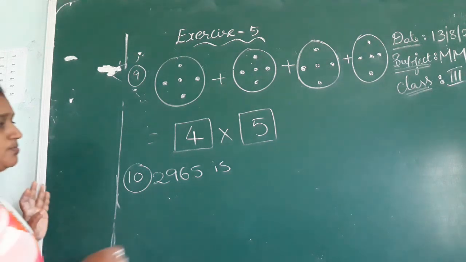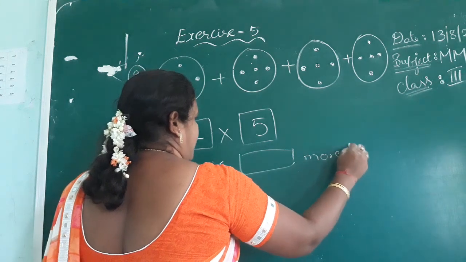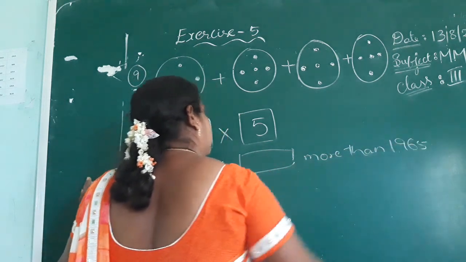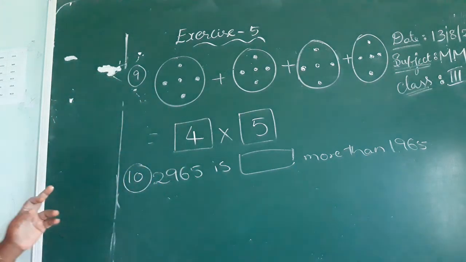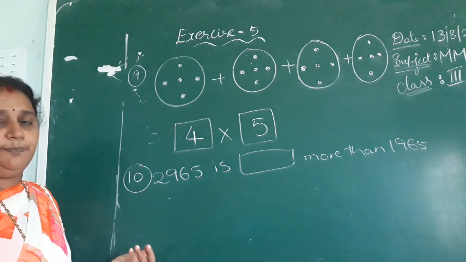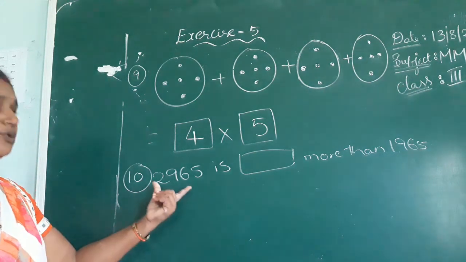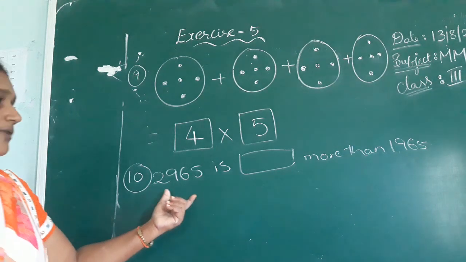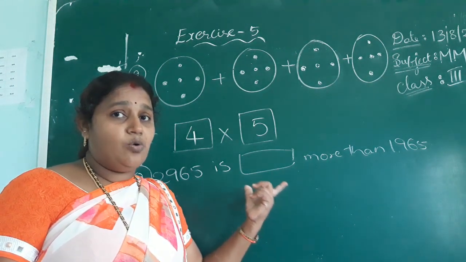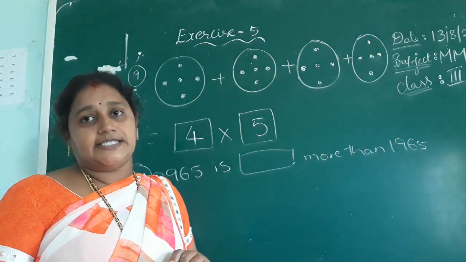2965 is dash more than 1965. Children, in the previous classes we already told you that how much more or how much less means you have to do subtraction. This question is how much more 2965 is than 1965.